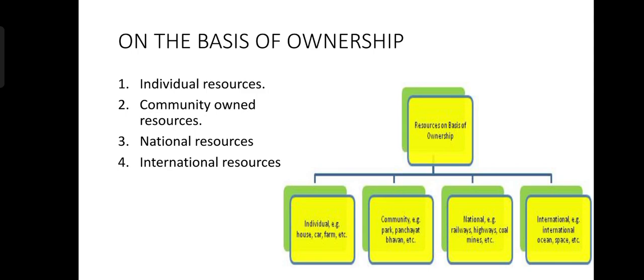These belong to individual resources. Second category, which is community, for example, parks, gardens, panchayat bhavan, etc., belong to community owned resources. Third category is national resources, such as railways, highways, coal mines, etc., belong to a nation.